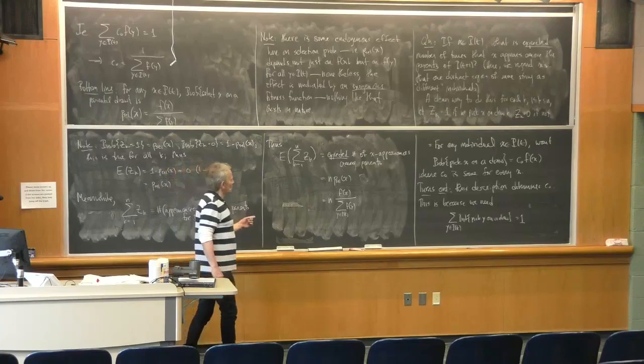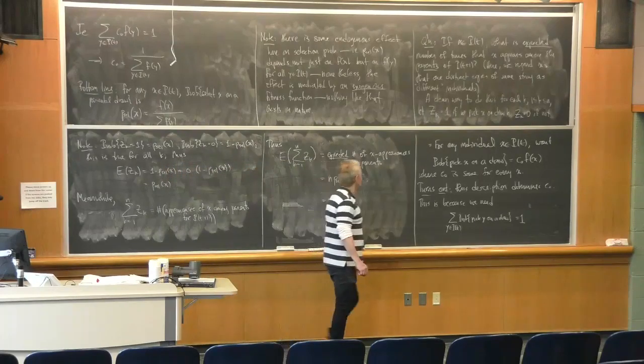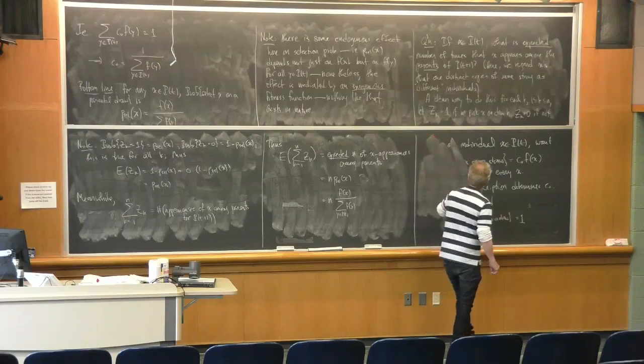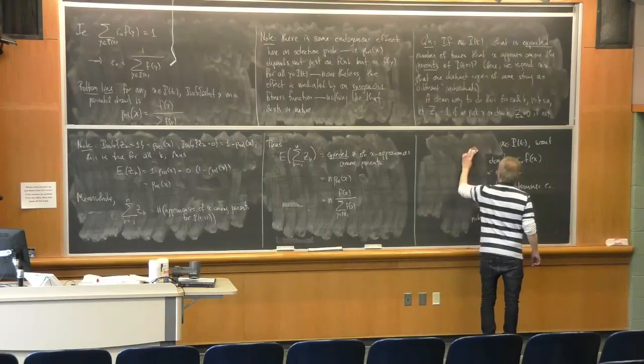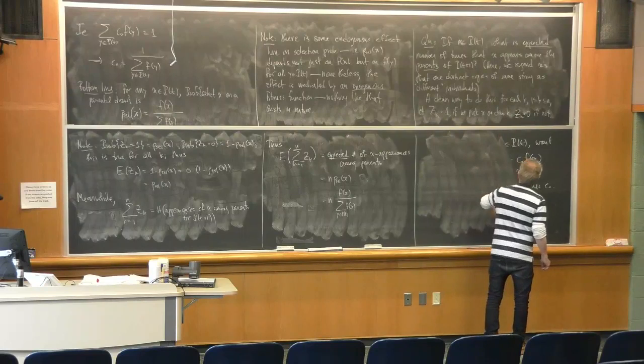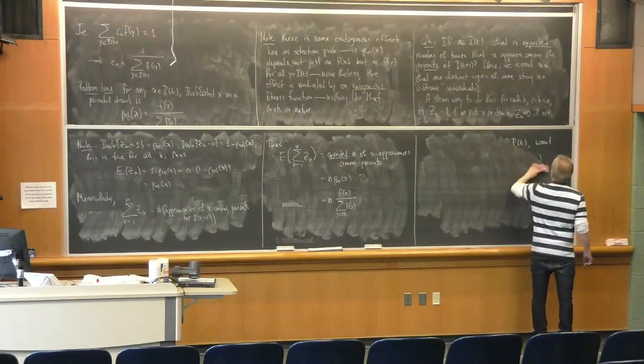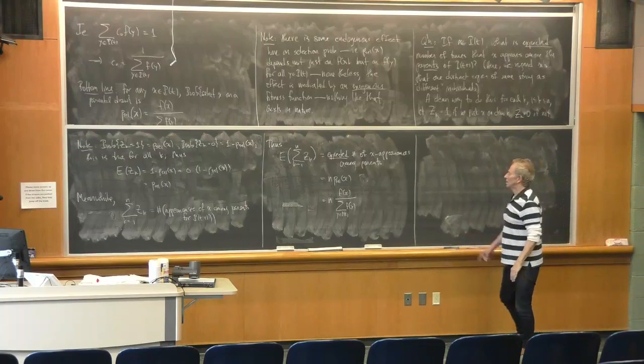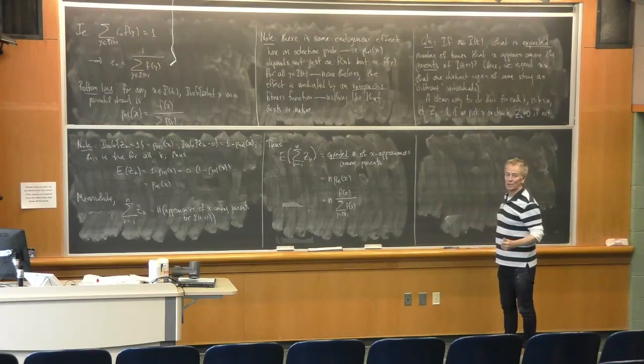Now, I'm going to do something that the book does, which is rewrite this last thing as follows. I'll take that n in front there and put it in the denominator as a 1 over n.